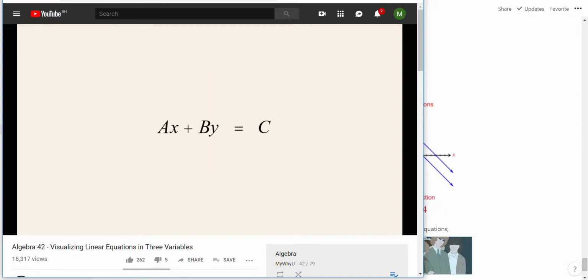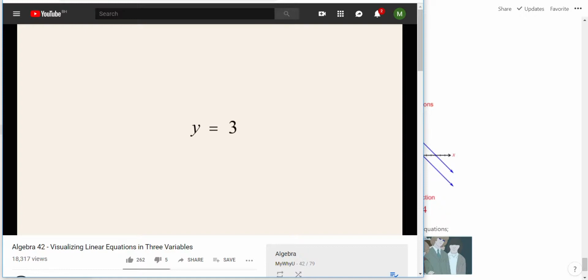So let's create a simple linear equation in x and y by setting a to 0 and b to 1. This eliminates x from the equation. If we set the constant c to 3, we get the linear equation y equals 3.